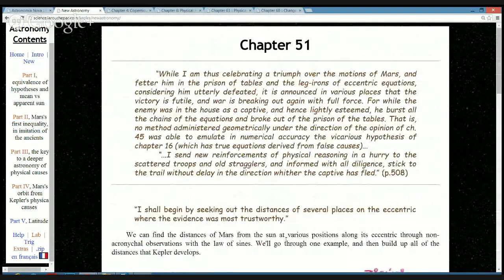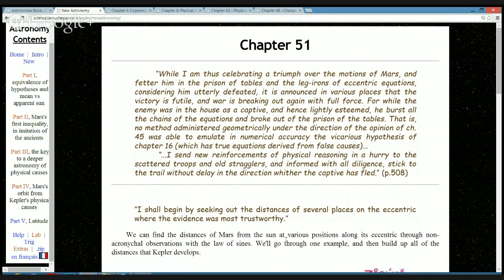Oh, here we go. "While I am thus celebrating the triumph over the motion of Mars, and fetter him in the prison of tables and the leg irons of eccentric equations, considering him utterly defeated, it is announced in various places that the victory is futile, and war is breaking out again with full force.